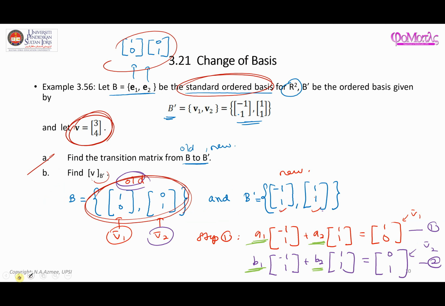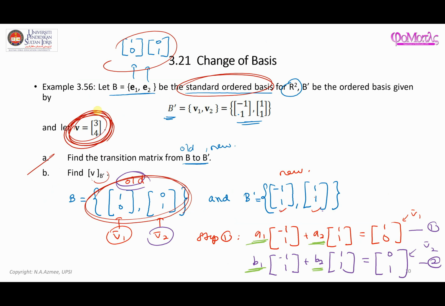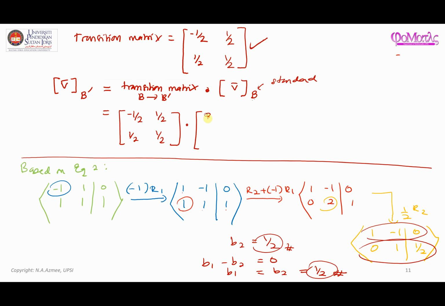So I'm just going to plug in this value here to the transition matrix, negative half, half, half, and half. And here we don't need to do anything much because the basis here is standard. And if it is standard, the coordinate vector relative to that is the vector itself, which is 3 and 4.